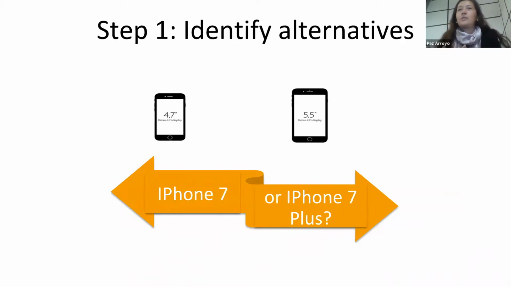The 2 cell phones that I was considering were an iPhone 7, just the small size, 4.7 inches, and the iPhone 7 Plus, which is 5.5 inches. So how do I differentiate these alternatives? What I really need to think through when I'm choosing by advantages is: how do I make this decision?